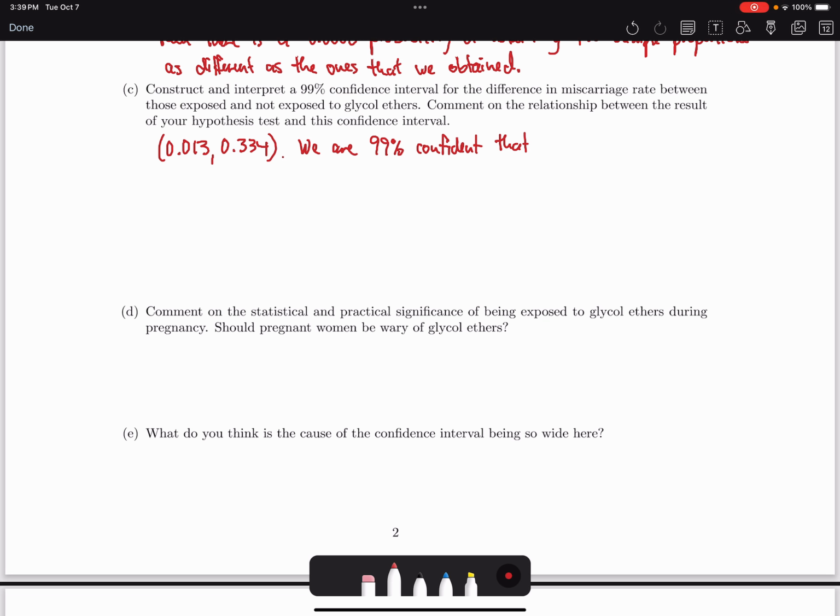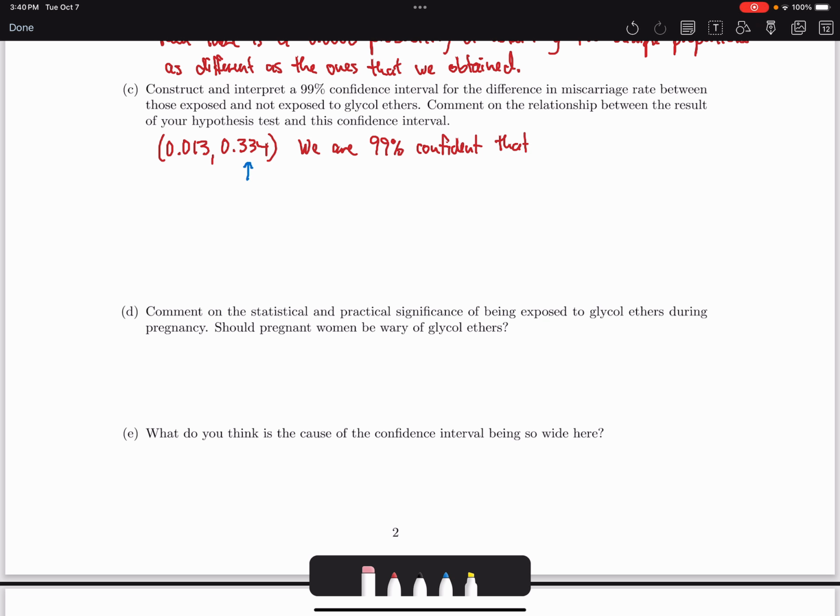Now, let's talk about what this interval means. A lot of times students think that this is an estimate for P1 and that this is an estimate for P2, but that is not correct. In fact, the entire thing is an estimate for the difference between P1 and P2. So what this interval is saying is that there is somewhere between a 1.3% and a 33.4% difference between P1 and P2.